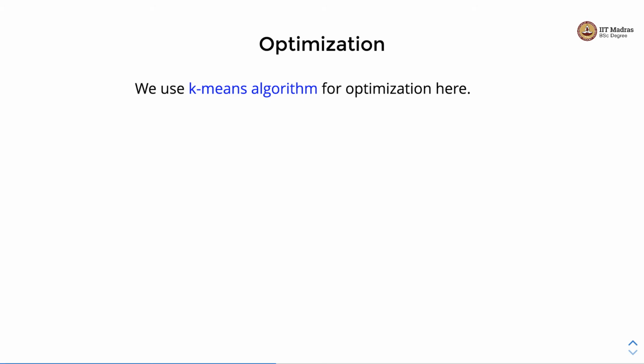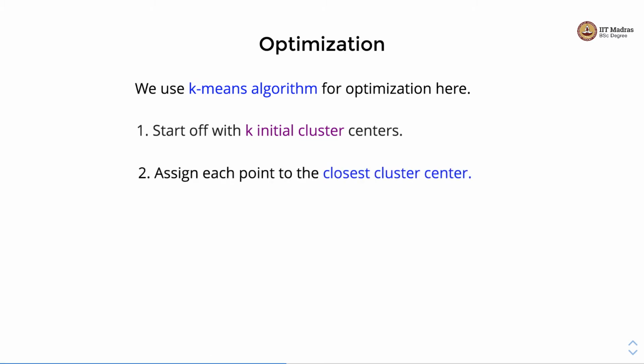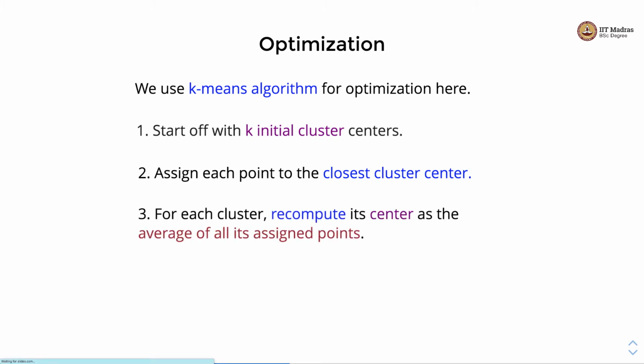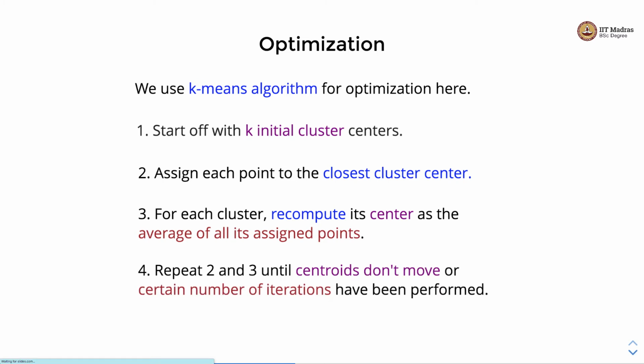We use k-means clustering algorithm for optimization over here. We start off with k initial cluster centers, and these cluster centers are randomly initialized. Then what we do is we assign each point to the closest cluster center. Then for each cluster, we recompute its center as the average of all its assigned points.